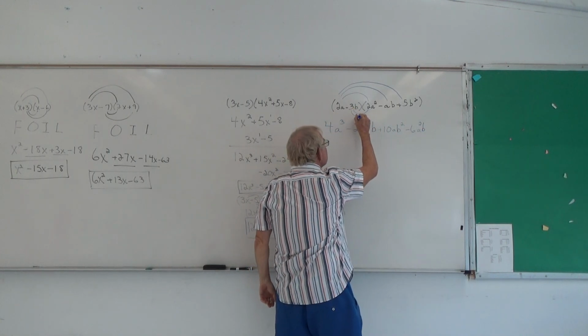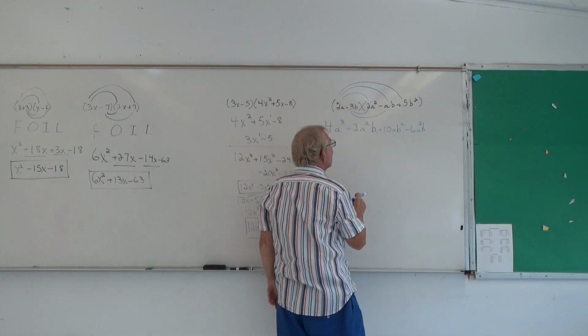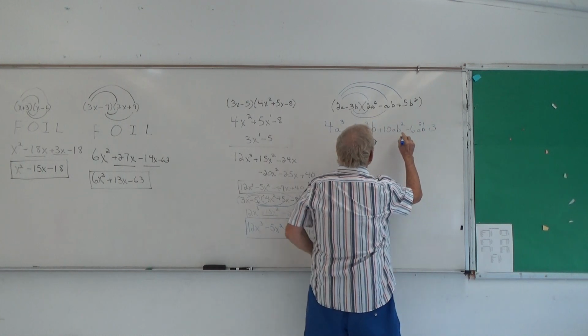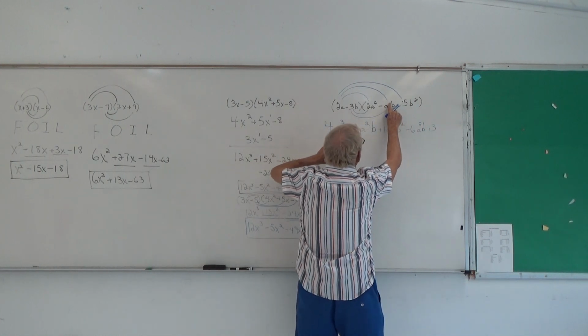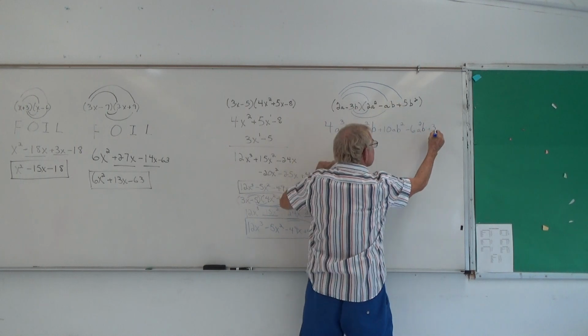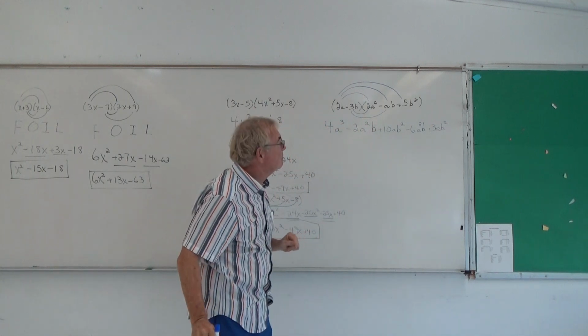Running this down, you got a -3 times a -1, which is a +3. You have a1 and b2. Okay?